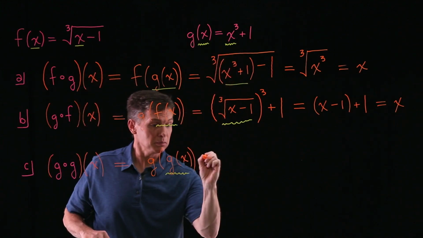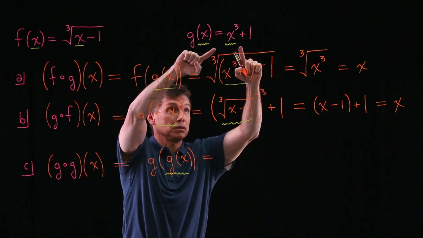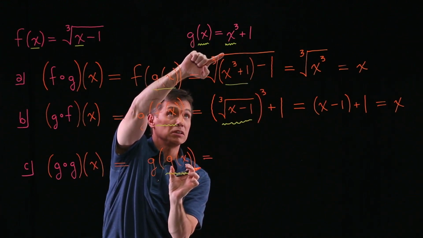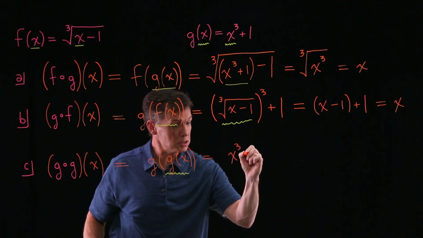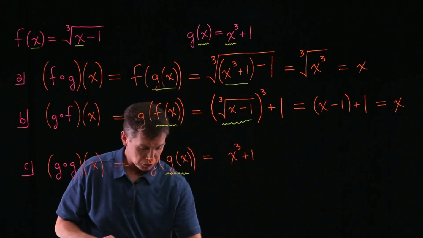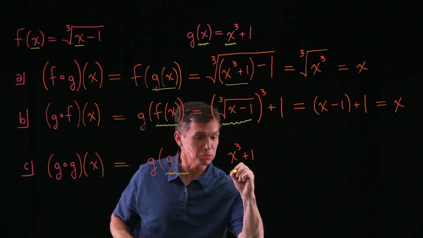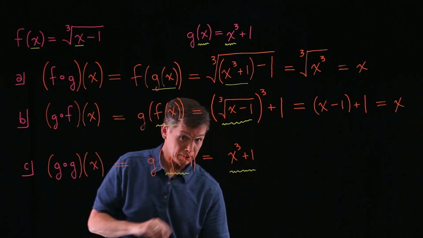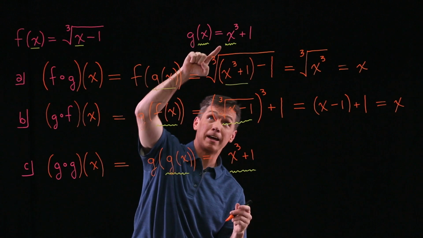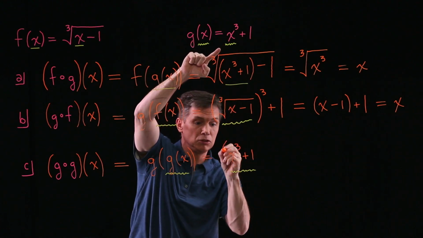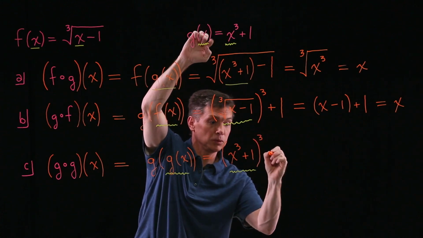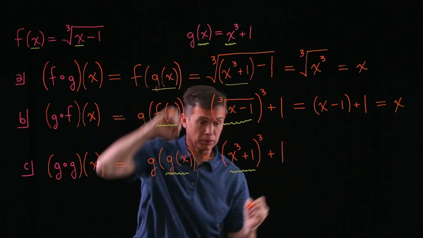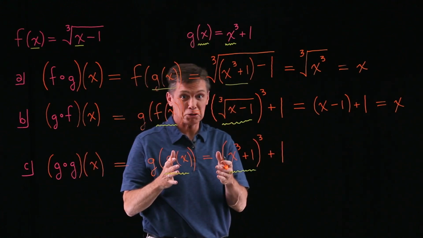So I start by looking at my g of x function, but realizing my argument is the entire g of x function. So I'll write the entire g of x function. I'll use my squiggle coding again for you. That's just the argument that I have here. I still need to cube it, and then plus 1.